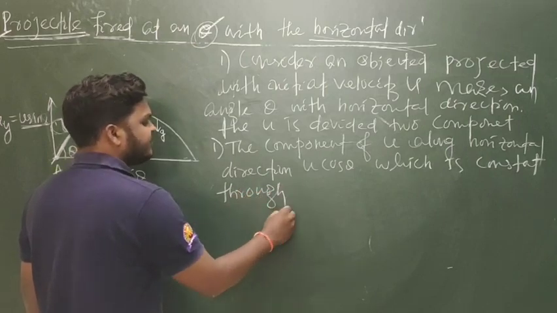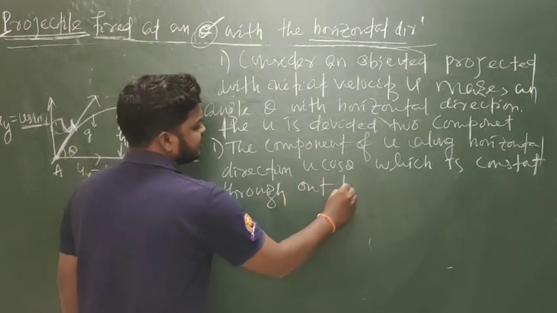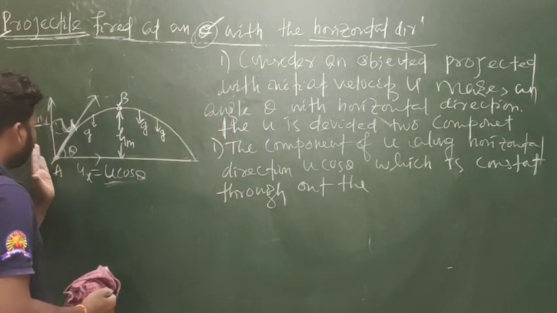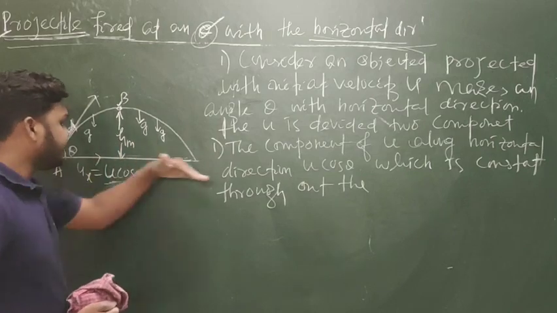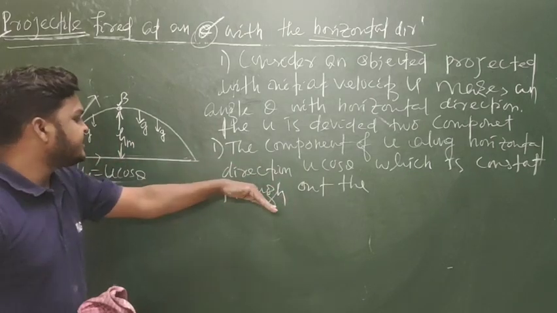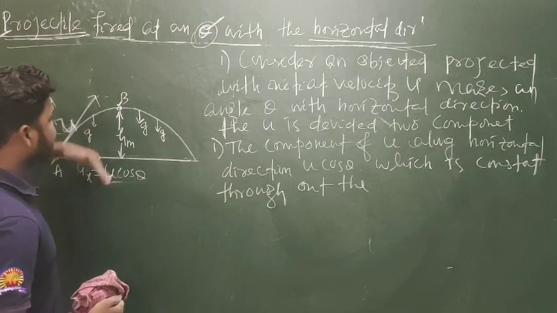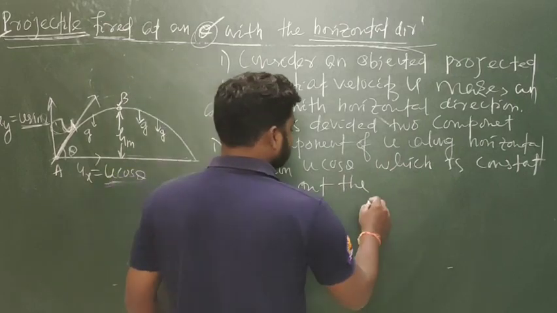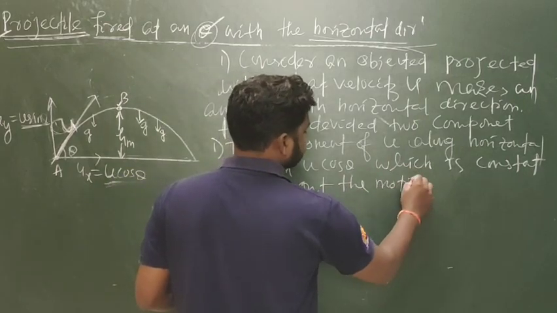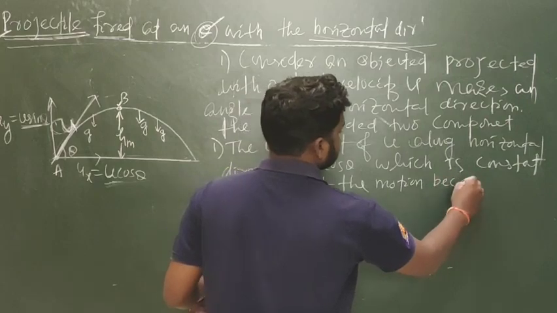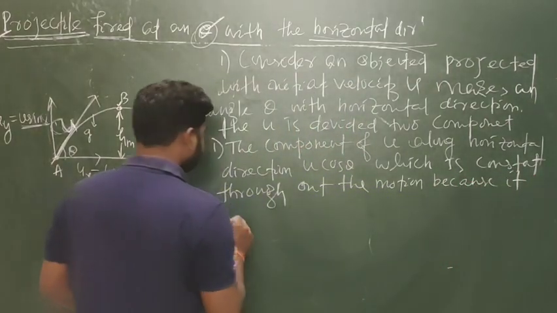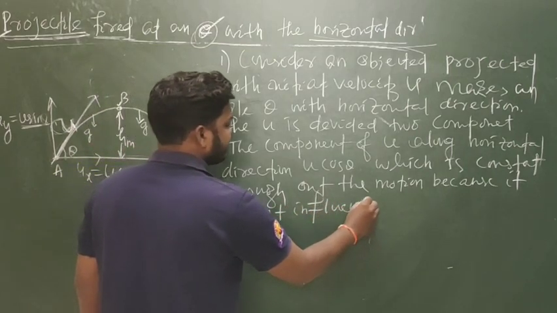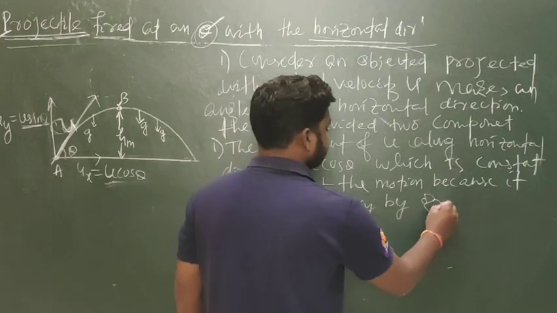And why is this horizontal velocity constant throughout the motion? Because it is not influenced by gravity. Gravity is exerted vertically, but the horizontal velocity moves horizontally. So horizontal velocity is not influenced by the vertical direction of gravity. So it is constant throughout the motion because it is not influenced by gravity.